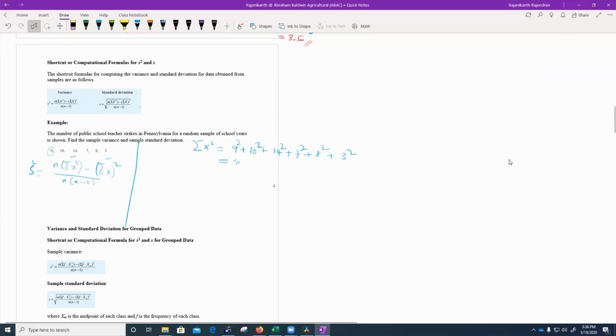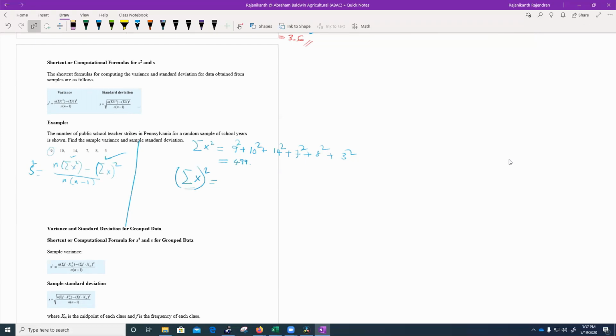Okay, this is 499. Now I'm finding the second one. Now this is different. This says first find the summation of the data values, then square. Here we squared, then we found the summation. Now first find the summation of the data values, just the data values.